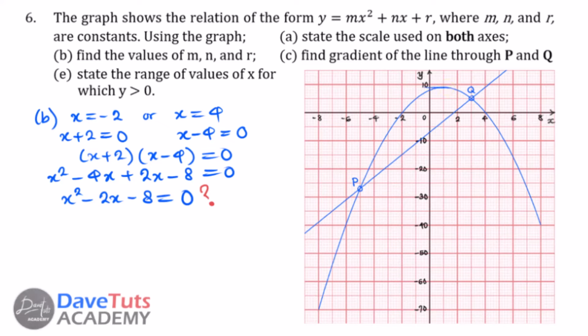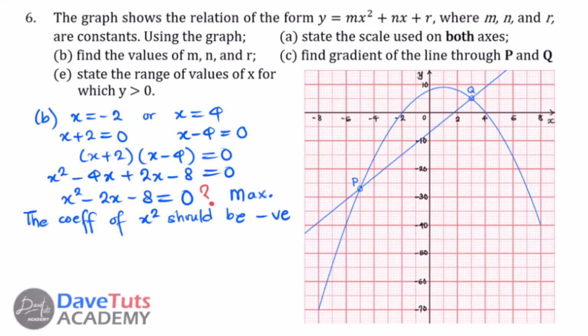That is the maximum value, okay? So in that particular case, the rule of thumb is that the coefficient of x squared must be negative, okay? The coefficient of x squared should be negative, because this is a curve that has a maximum value, okay?